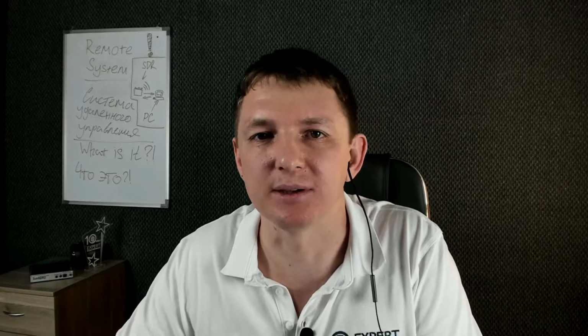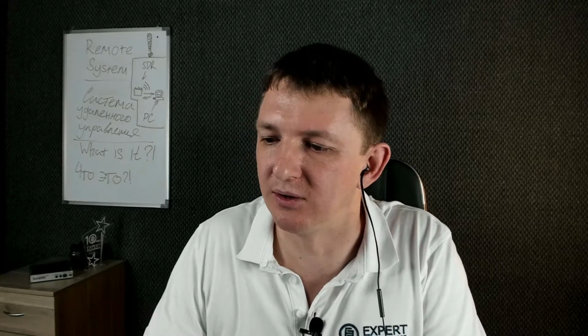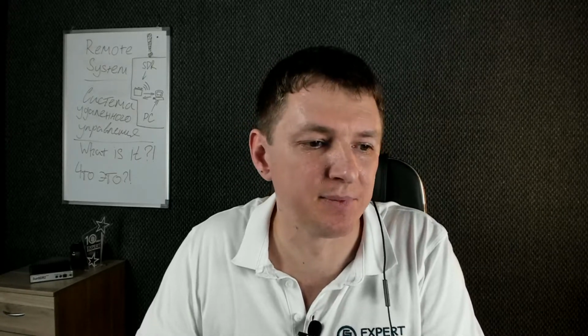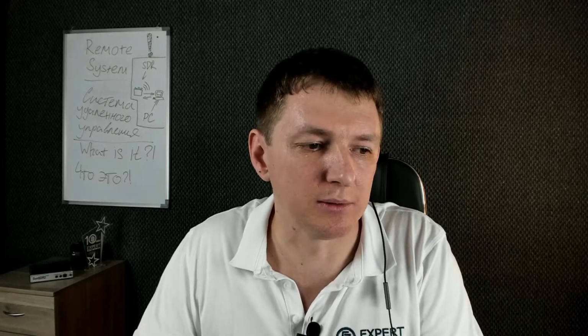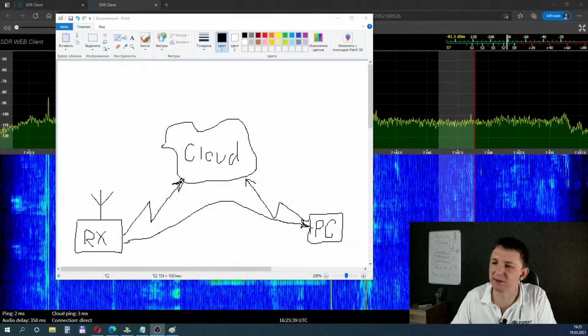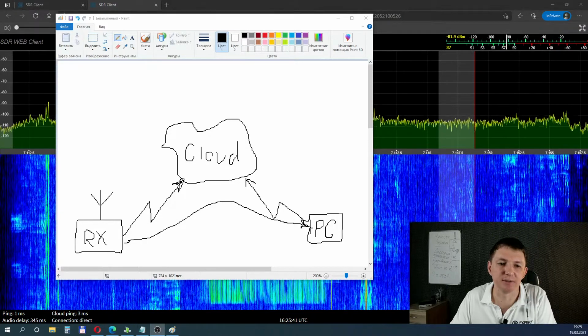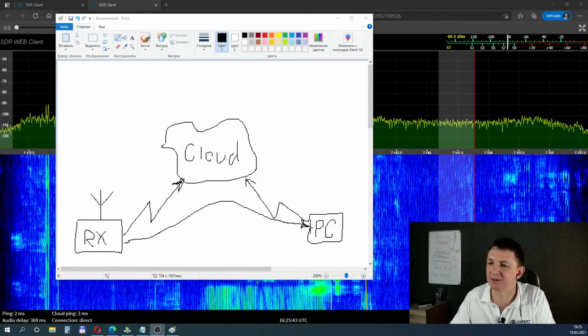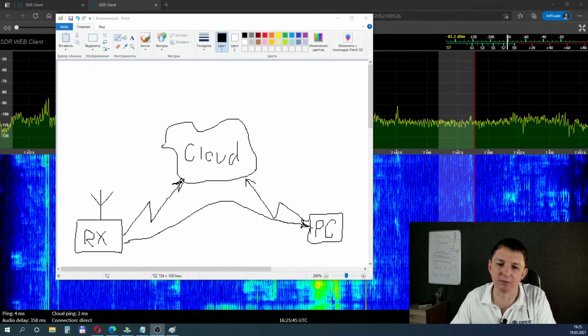This remote system is, I think, a new word in remote control, because it provides a direct connection between the remote site and your local point, and this direct connection works more stably.